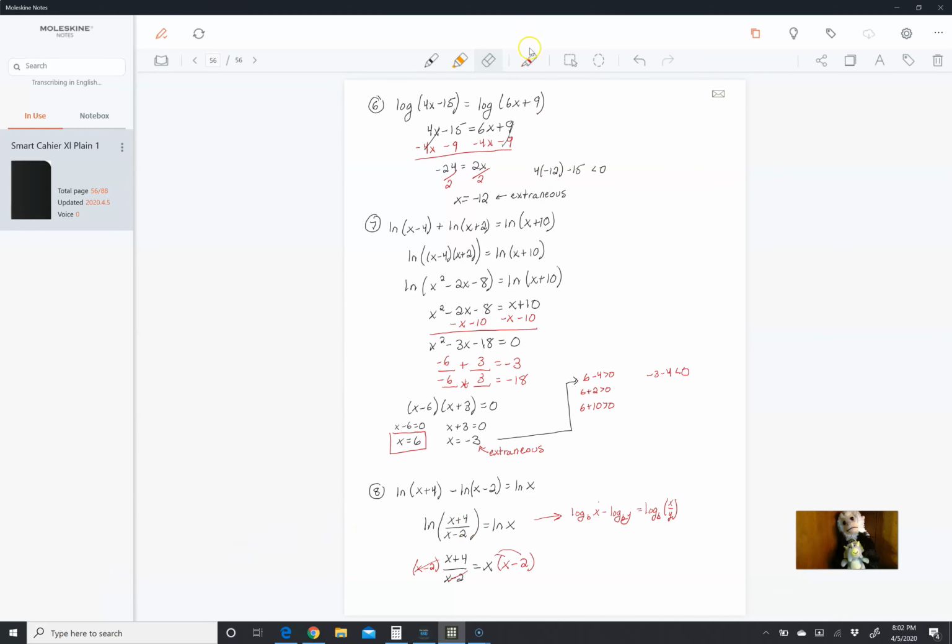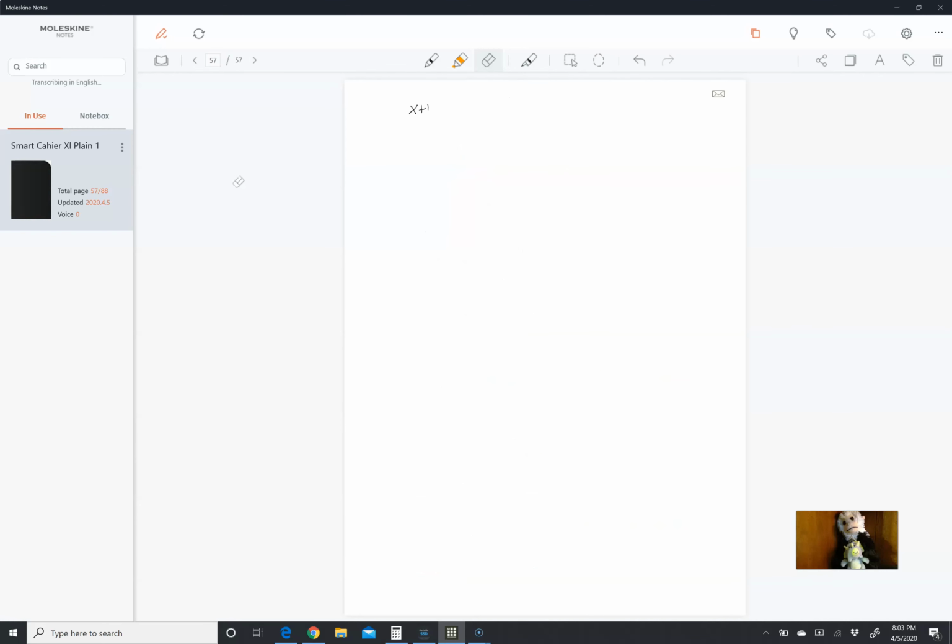Okay. So what we wind up with is, we'll move this to the next page, x plus 4 is equal to x times x minus 2. And we distribute, so x plus 4 is equal to x squared minus 2x.